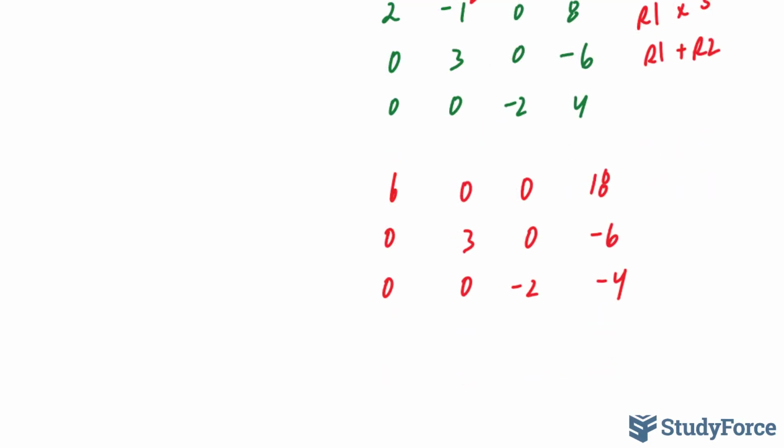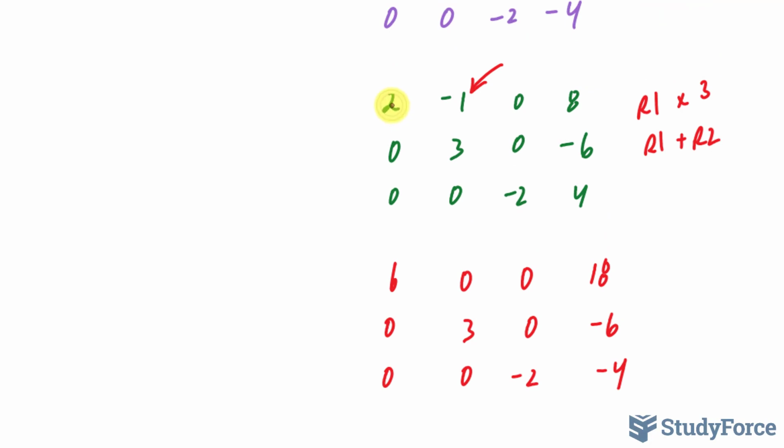Just to make sure we understand, remember I multiplied 2 by 3. That gave me 6. 6 plus 0 is 6. Negative 1 times 3 is negative 3. Negative 3 plus 3 gives us 0. And similarly, 8 times 3 is 24, plus negative 6 is positive 18.